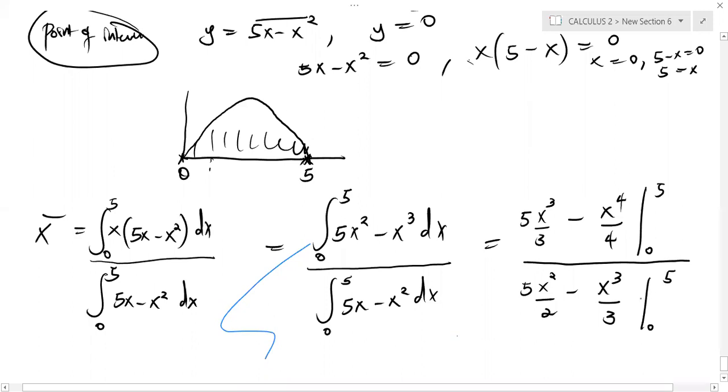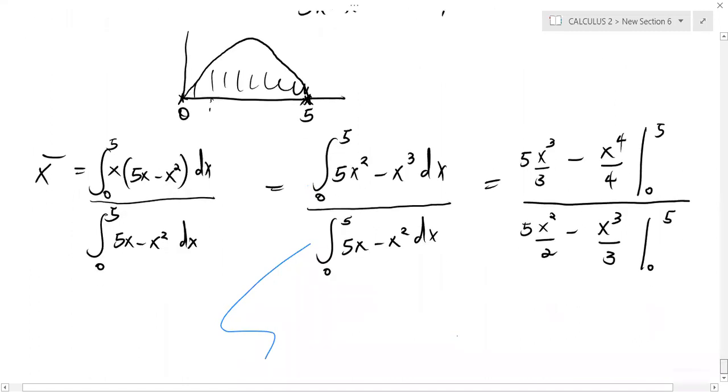So if we evaluate that on top, we are going to get 625 over 3 minus 625 again, because it's 5 raised to power 4, all divided by 4. So basically on top, we're going to have 625 over 12.